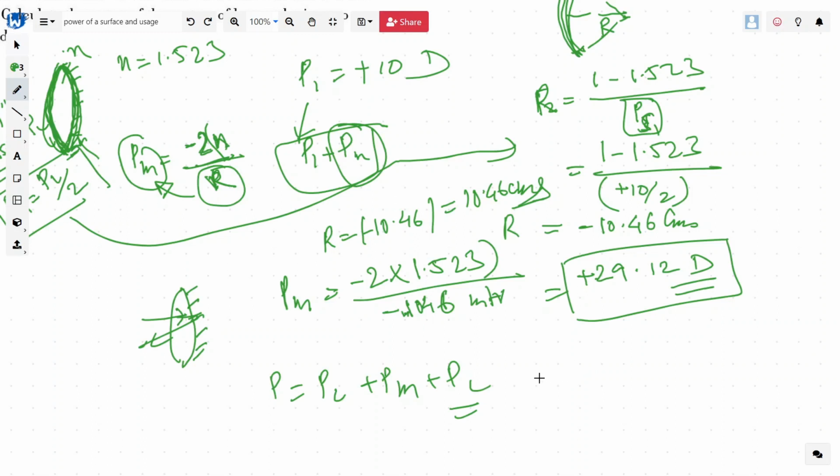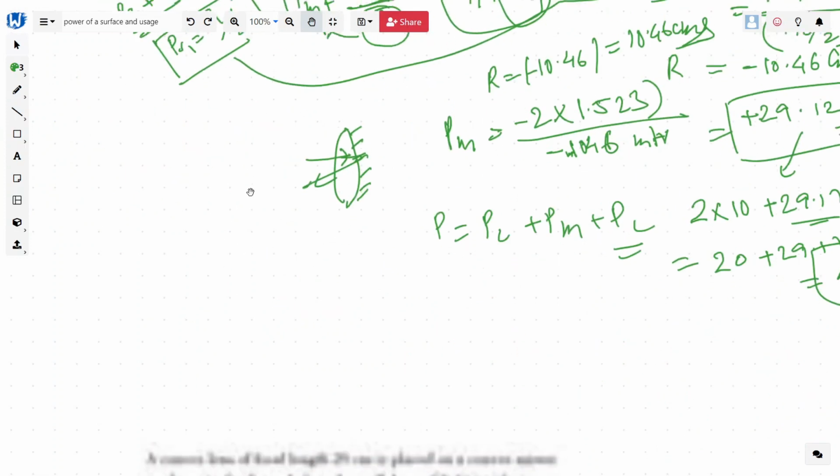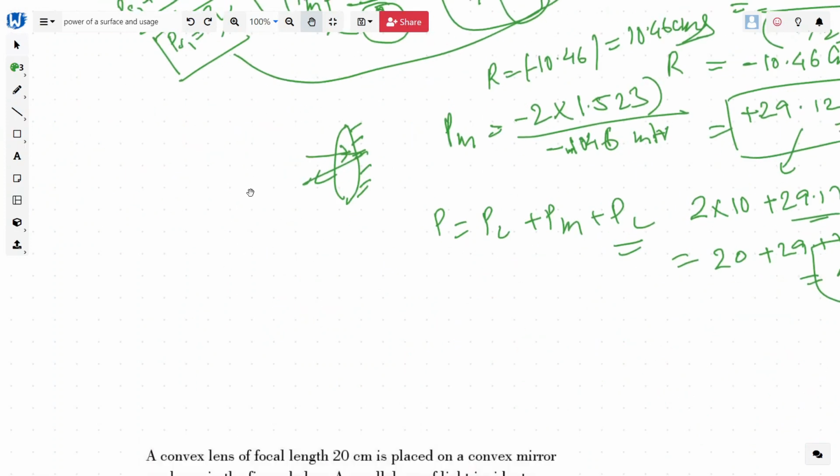The power of the lens here diopter. Okay, so the lens, the system is more sort of powerful than the one lens itself. Okay, now let's do another problem.